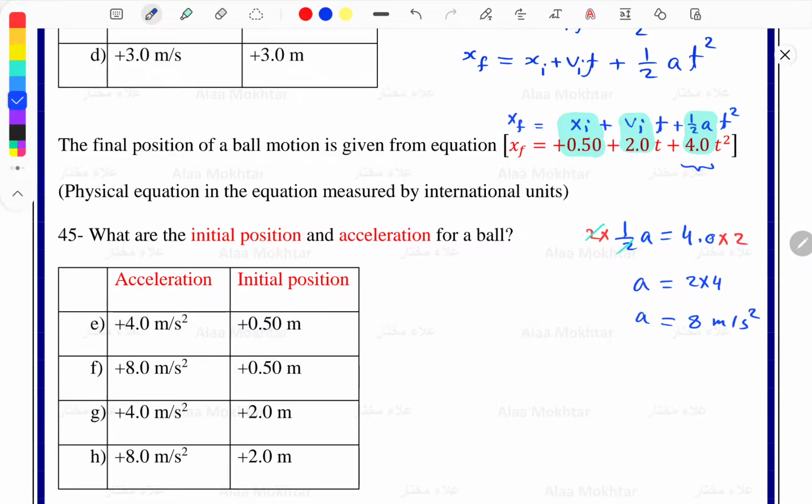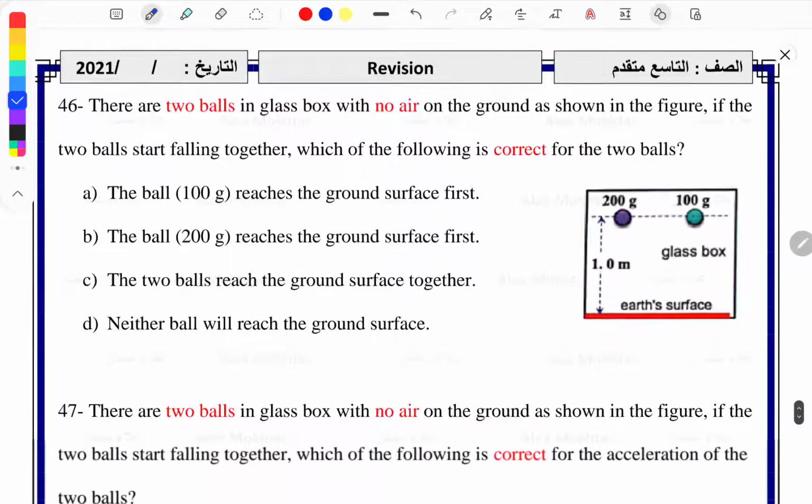So the answer will be number A. He wrote E, no problem, this is the answer. 8 meter per second squared acceleration. The initial position is what? 0.5. I have taken 18 minutes till now.